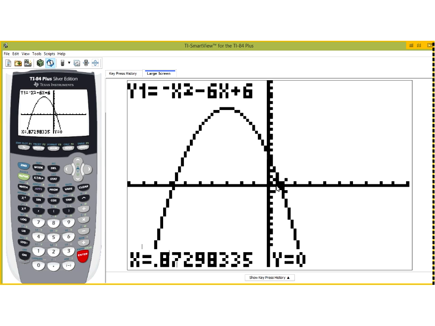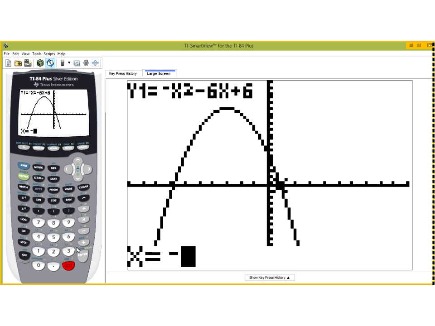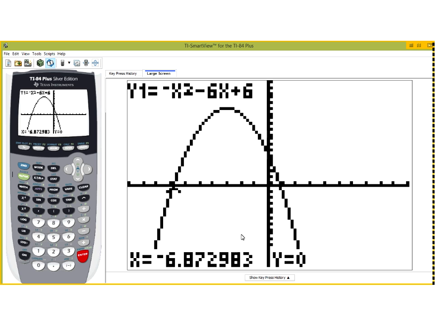And so I get the decimal approximation for that, and I get that y equals 0. Now I repeat, only this time it's going to be minus 3 minus the square root of 15. And again, I get y equals 0. So I have my x and y intercepts correct, and my vertex is correct as well.